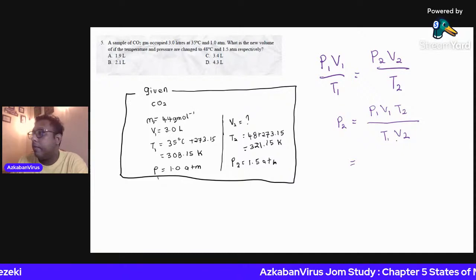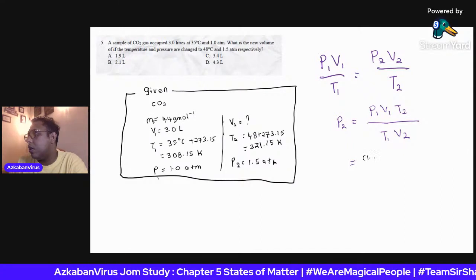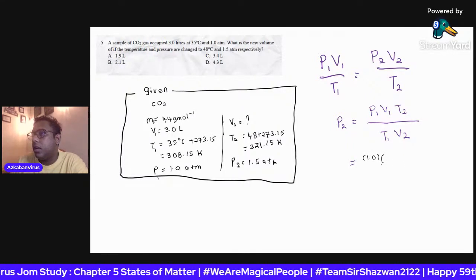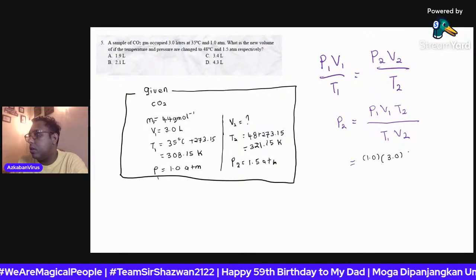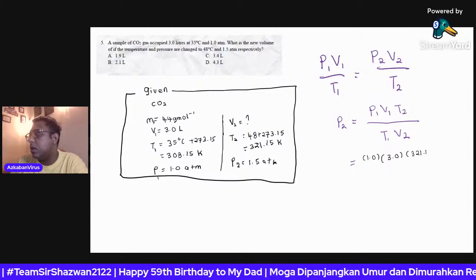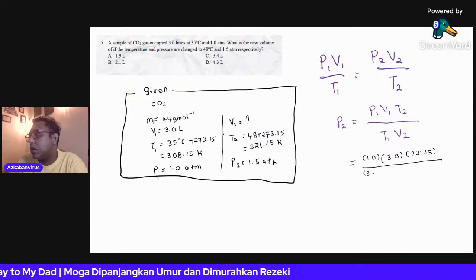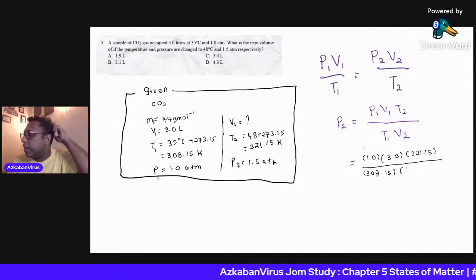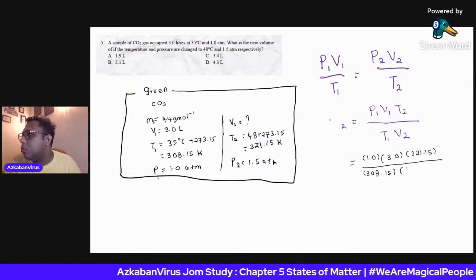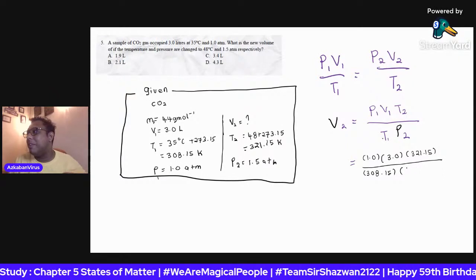Kalau ada soalan, tanya saja. Jangan risau. Saya akan jawab soalan kamu. So, P1 kamu adalah 1 atm. V1 kamu adalah 3 liter. T2 kamu adalah 321.15. Kita nak cari V2. Ya, Koyum. Saya baru perasan tu.